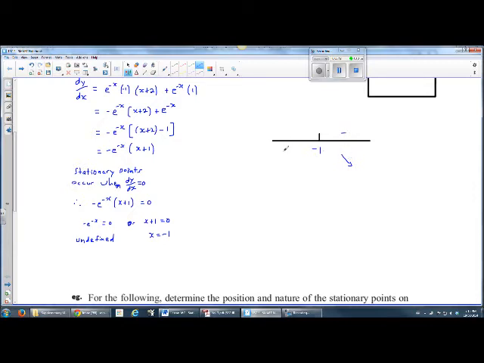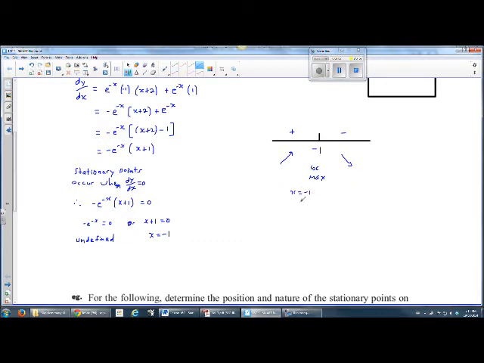When we substitute in a value less than negative 1, we get a negative, and a negative multiplied by a negative gives us a positive, which means that the graph is increasing. Therefore, we know that we have a local maximum here, and that occurs when x equals negative 1.